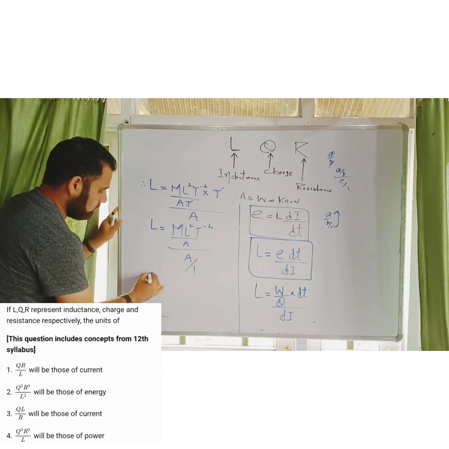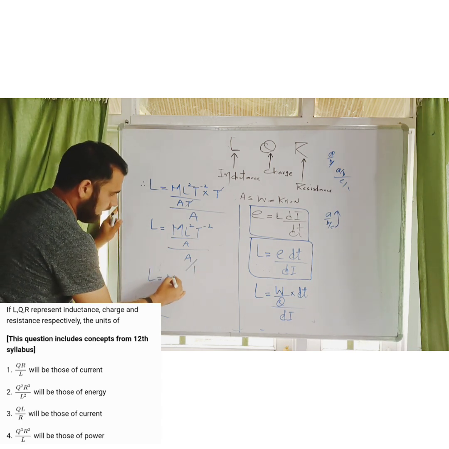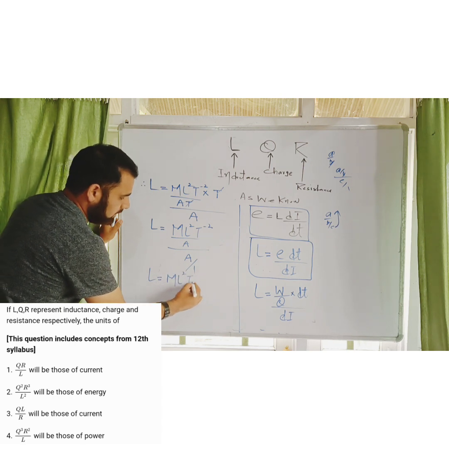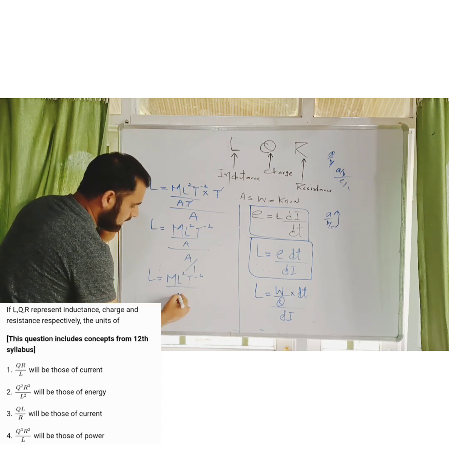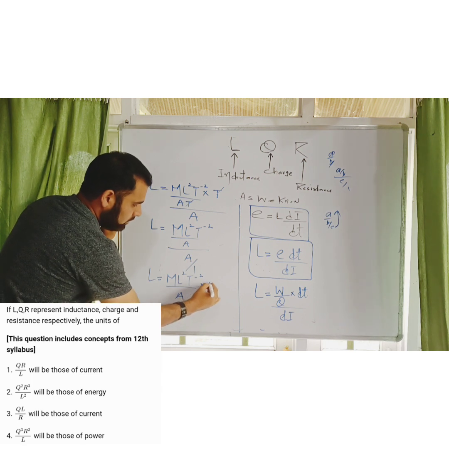It will undergo reciprocal. So it is M L square T^-2 divided by A into 1 by A.